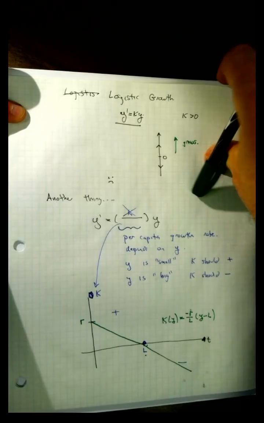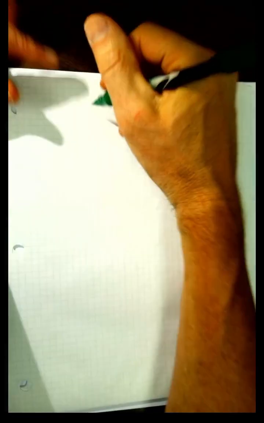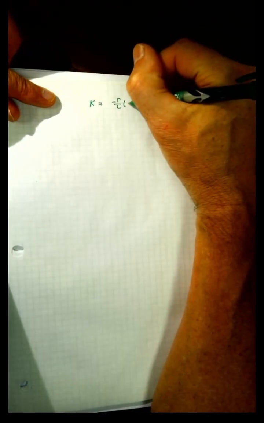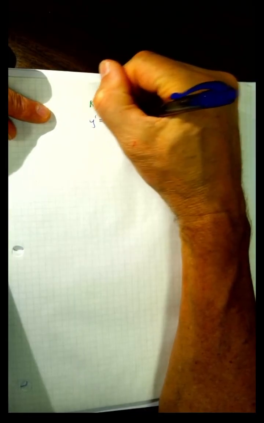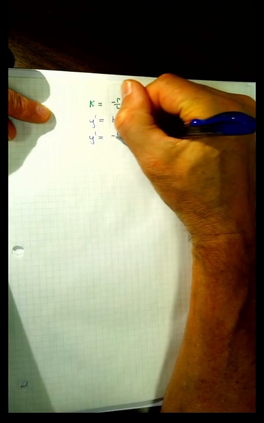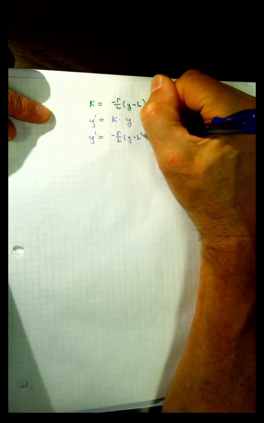All right. So what do we have? We have that our per capita growth rate looks like that. And so we had y prime is k times y, so we're just going to replace k with this thing.